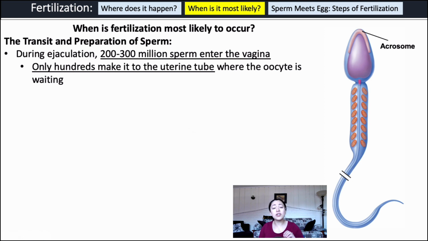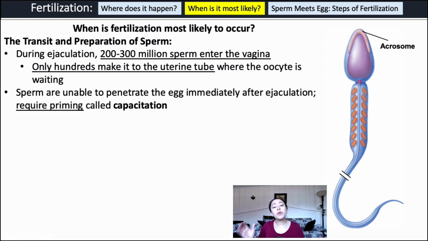However, only hundreds make it to the uterine tube where the oocyte is waiting. A lot of the other sperm may get lost. They might go down the wrong uterine tube, some of them might never make it that far, and some of them might actually drain out through the vagina. A really important characteristic of sperm is that they are unable to penetrate the egg immediately after ejaculation.